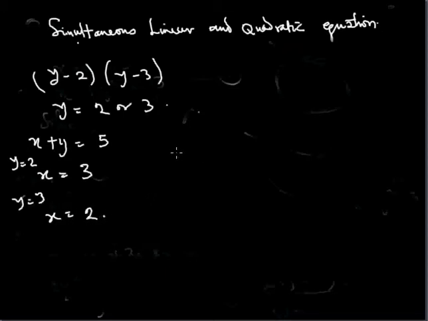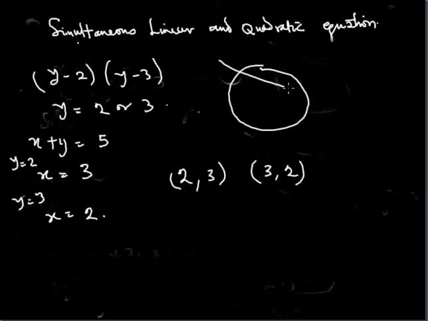So we can now say that the solution of the equation we wrote initially is (3, 2) and (2, 3). This is the solution to the equation.